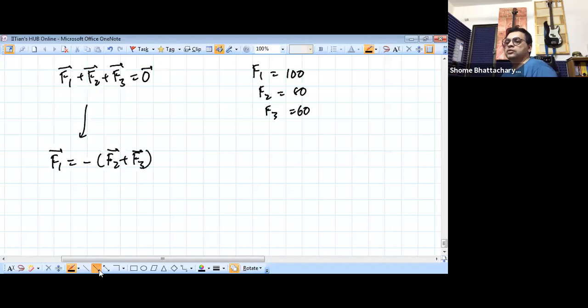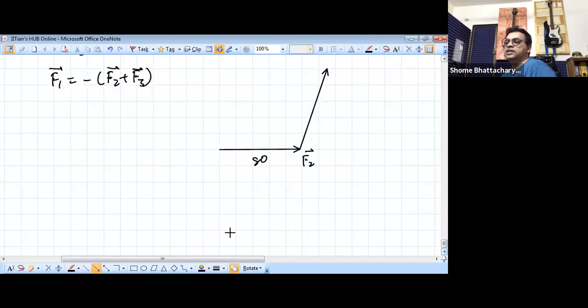So if this is the vector F2 whose magnitude was 80, and let's just assume arbitrarily, because angle मुझे as of now नहीं पता. I've solved it earlier and seen that okay, that's 90 degrees, but as of now I don't know that in this.